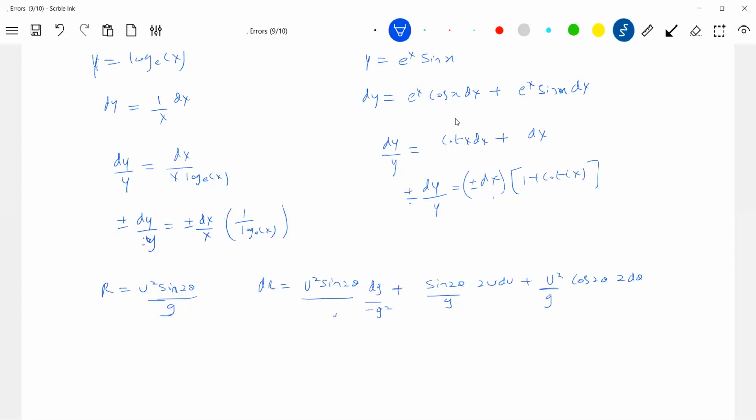Let me divide dR by R. Dividing this, it should become plus or minus dg by g, plus or minus 2 du by u, and so on.